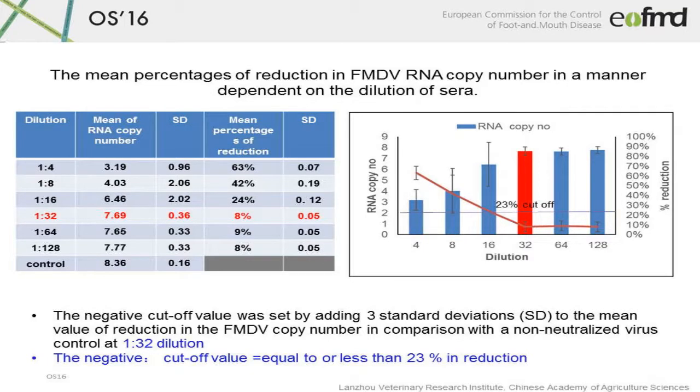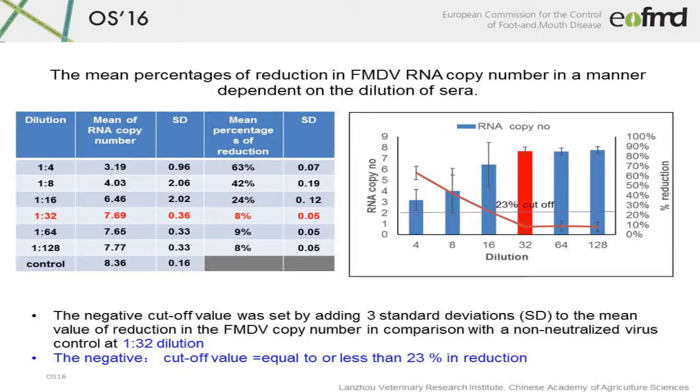over here you can see the percentage of the reduction of FMD virus copy number. It's dependent on the dilution of the serum sample. So the more dilution you do, the percentage of reduction is getting less.